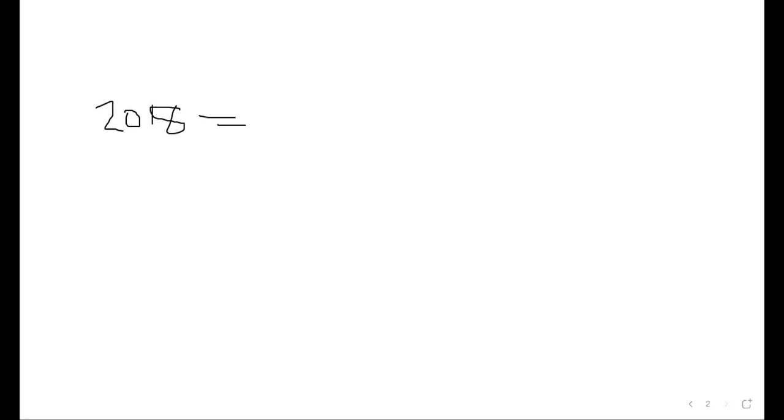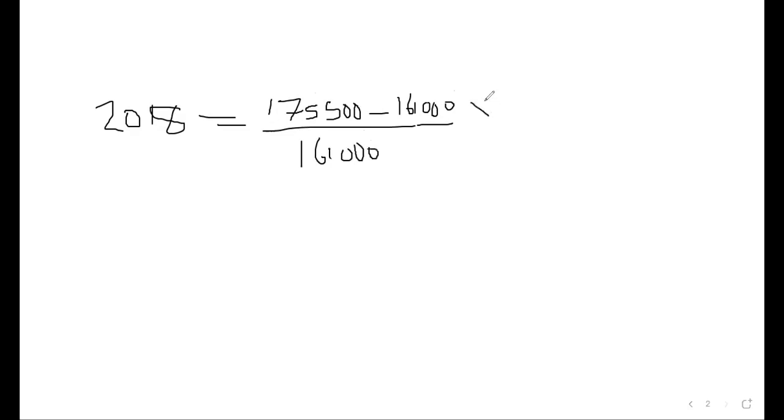So in 2018, we have 175,500 minus 161,000, then over 161,000, then multiply by 100.